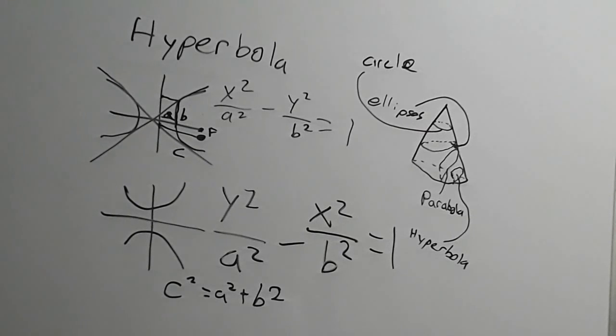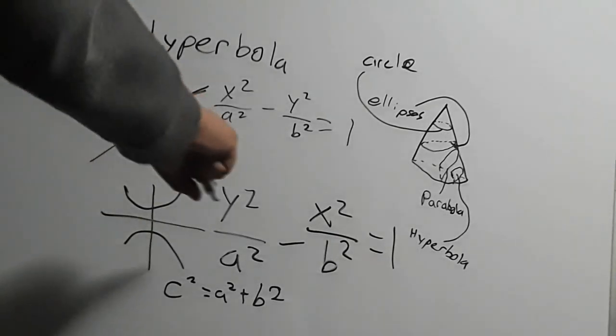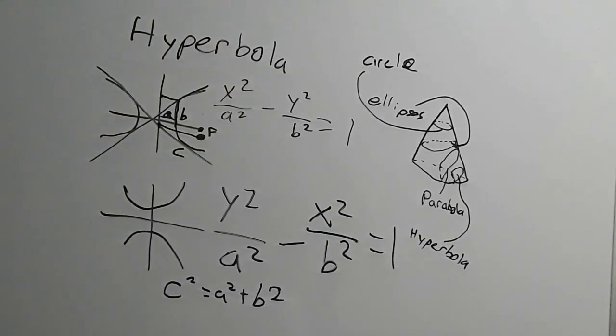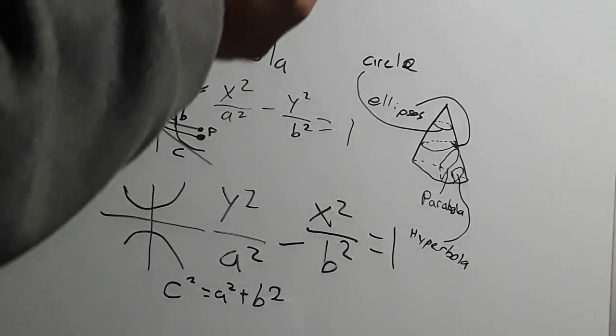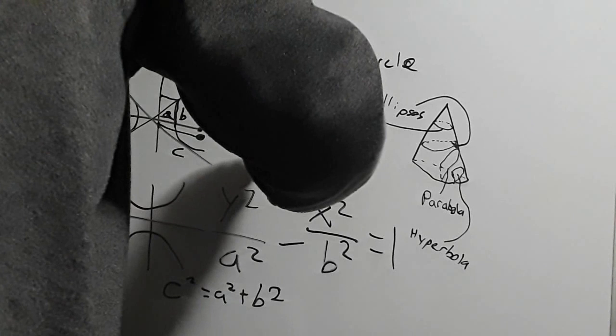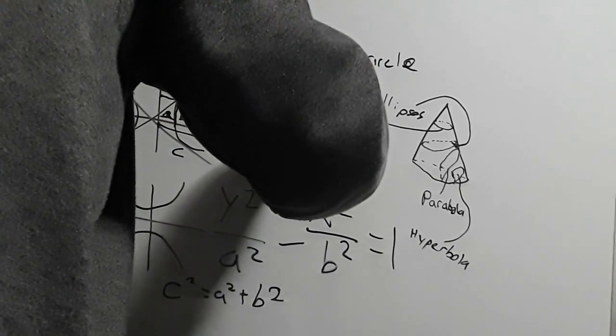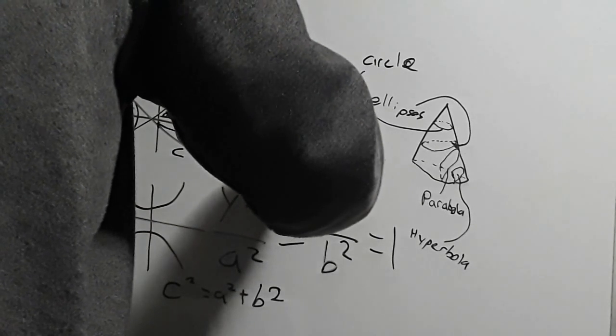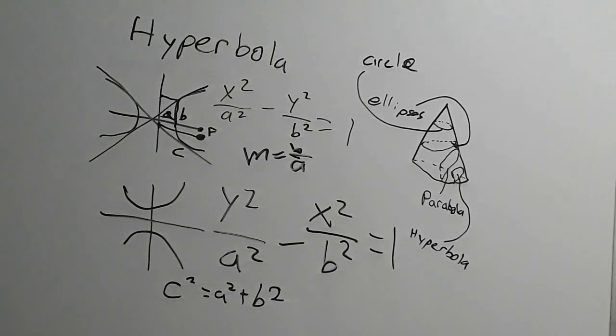Now, I want to start talking about how to get the lines. When it comes to these lines, you have to remember that it's going to be plus or minus, because it's going to be asymptotic to both sides. And when you're doing that, it should come out to m equals b over a. Or at least I believe that it should. Here, let me just check for a second.